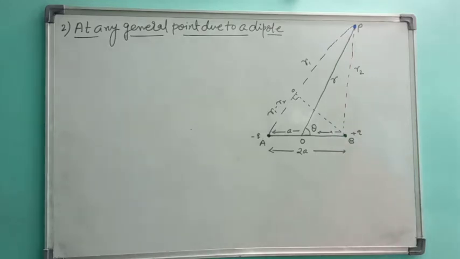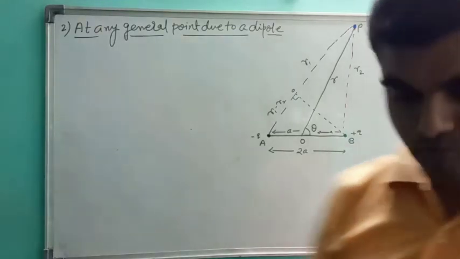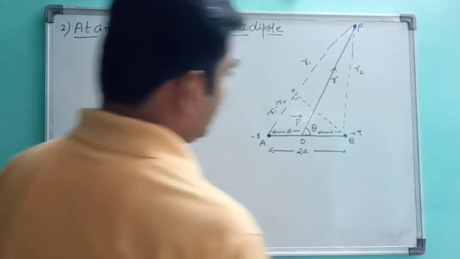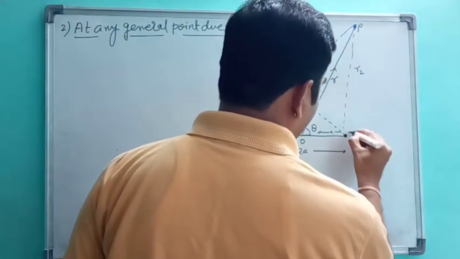Point number 2: to determine the potential at point P at a distance r from the center O. The direction OP makes an angle theta with the dipole moment. Okay, write down carefully.